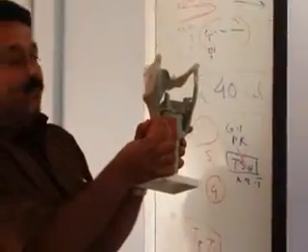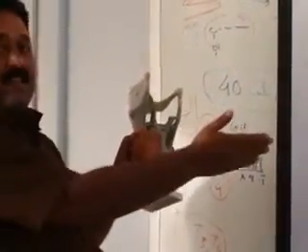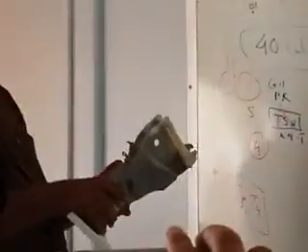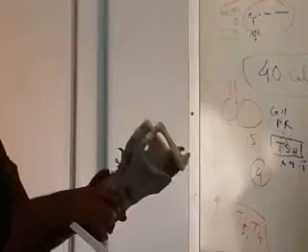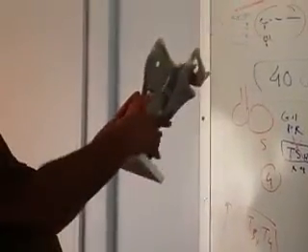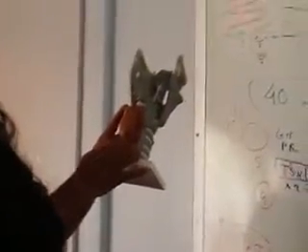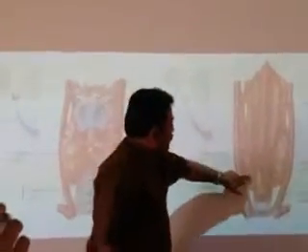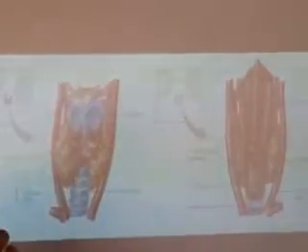The inferior parathyroid gland should be in the base. See here, on the posterior side, the superior and inferior parathyroid glands are at the posterior border of the thyroid gland.